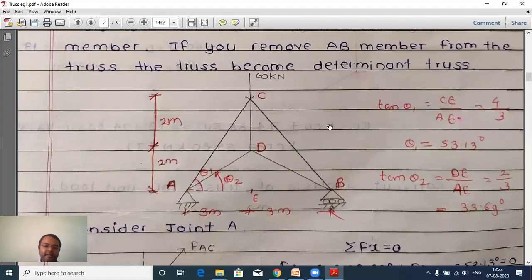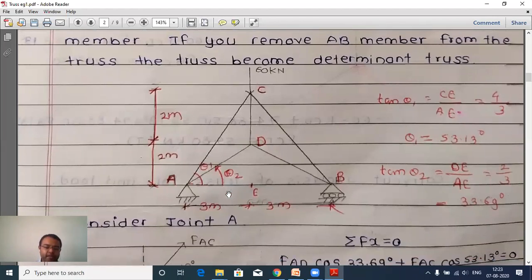Of course, by using tan theta we can get theta 1 and theta 2. Tan theta 1 will be equal to the front side, the total height, divided by the adjacent side. Tan will be front side divided by adjacent side. Likewise you can get theta 1 and theta 2.